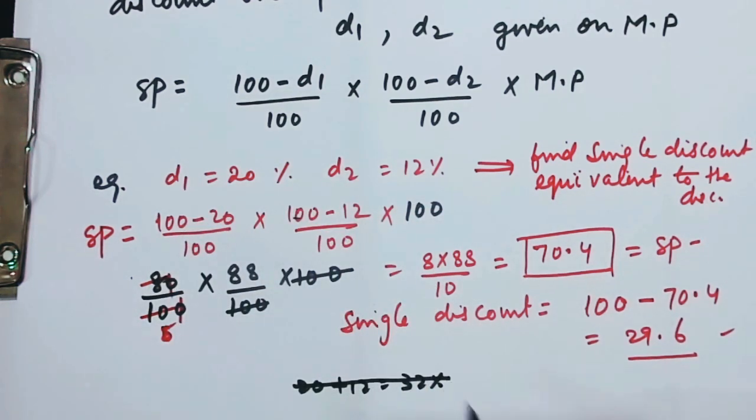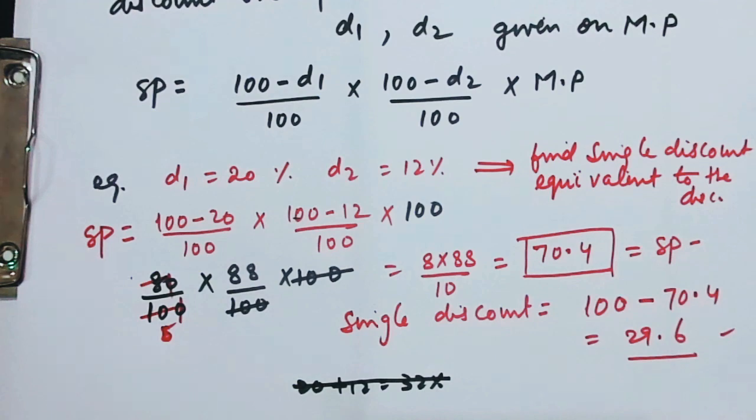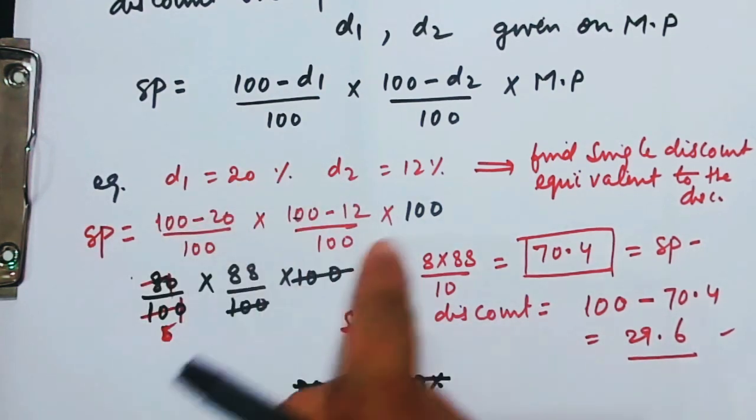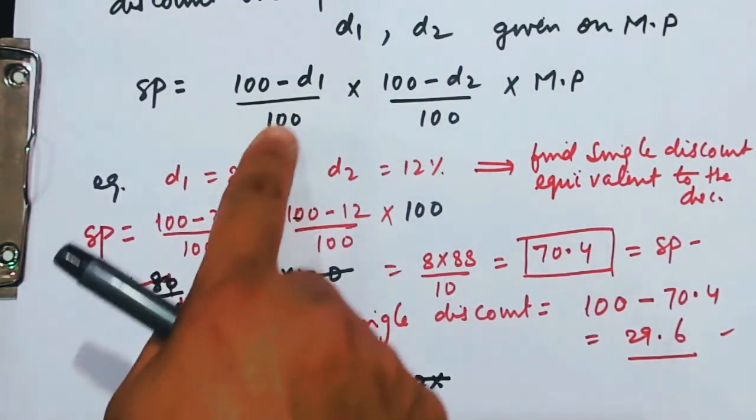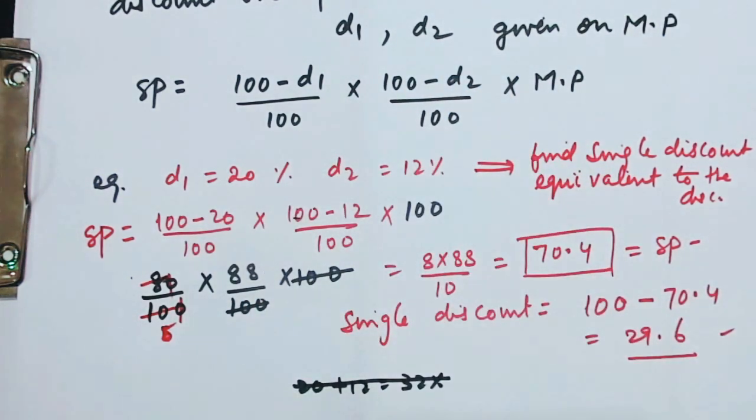No, this is not the correct method, because here the selling price changes every time. That is why the final value will also change. So you have to stick to this formula: (100 minus D1) by 100 into (100 minus D2) by 100 into marked price, and then finally subtract it from 100. Clear?